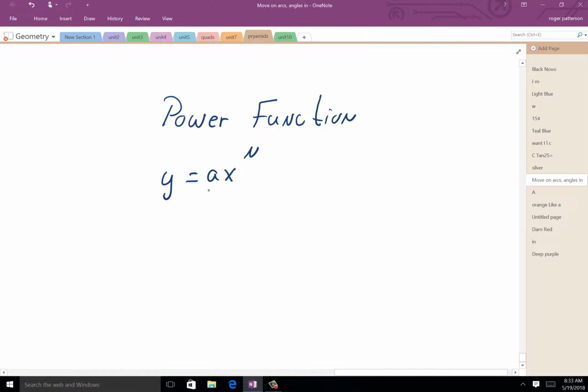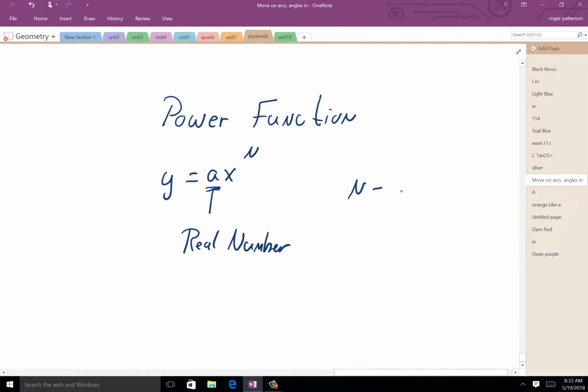Okay, where this is usually some sort of a number, or it could be a real number. I'll put a real number, I guess. It can be a real number, but it's most likely a fraction, or a regular old integer, okay?